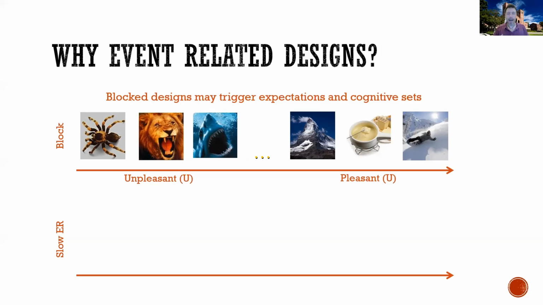So you can see how, of course, as I said, this might be a slightly extreme example, but you can see how having these big blocks makes it transparent as to what the manipulation is across the blocks. And so the participant can, if they wish, either develop expectations or adopt strategies that might play against what you are trying to do.